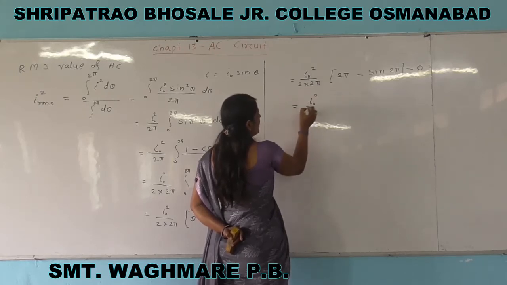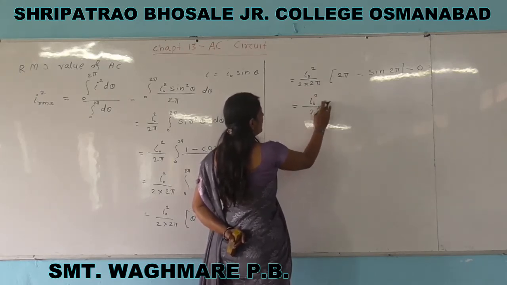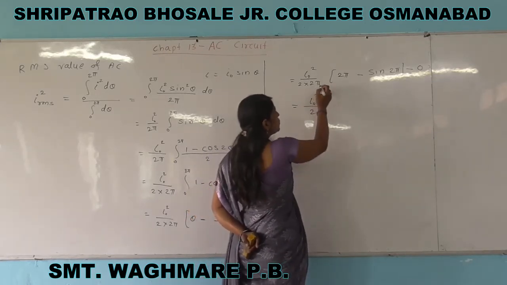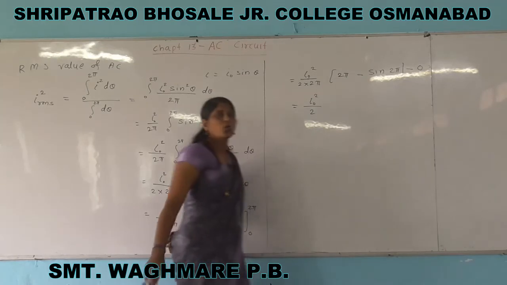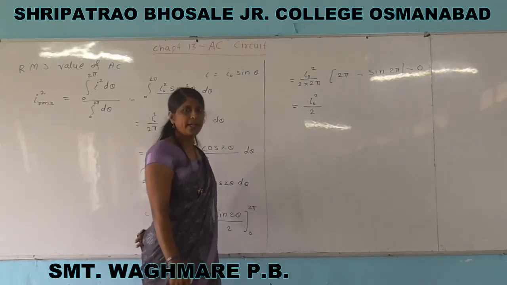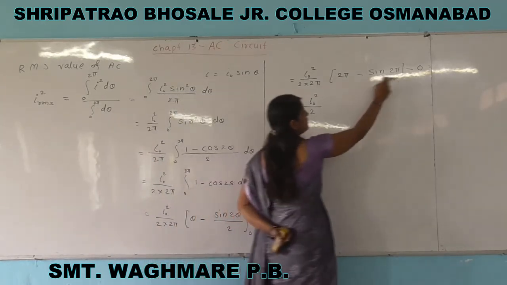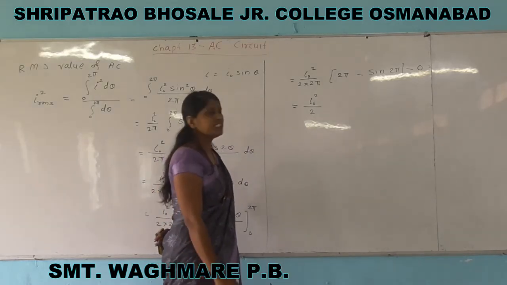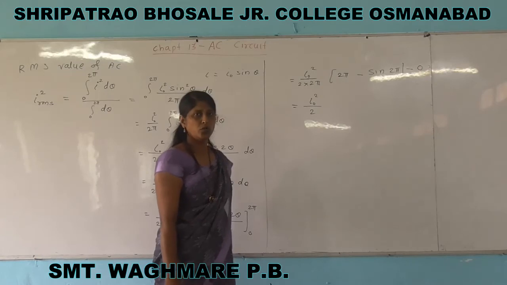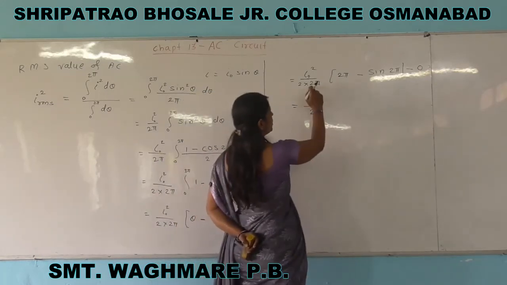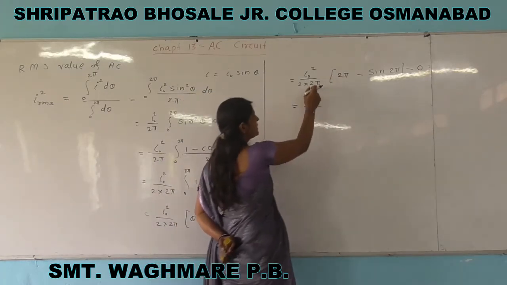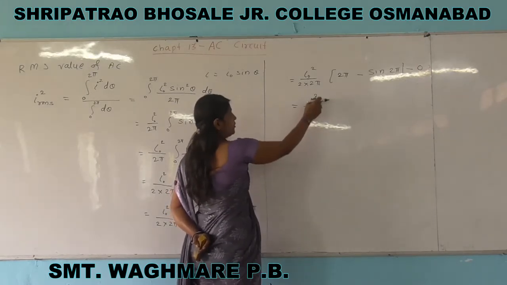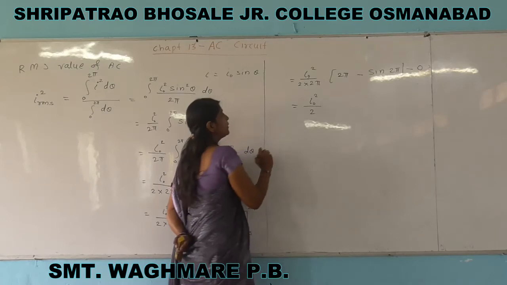Therefore we get I naught square divided by 2. Sin 2 pi means sin 360, and sin 360 is equal to 0, therefore that term will be cancelled and we get I naught square divided by 2.